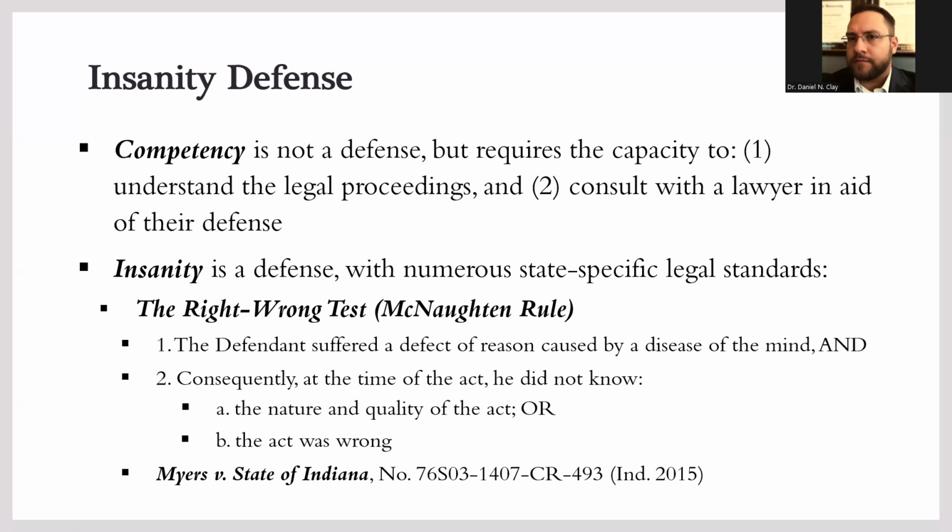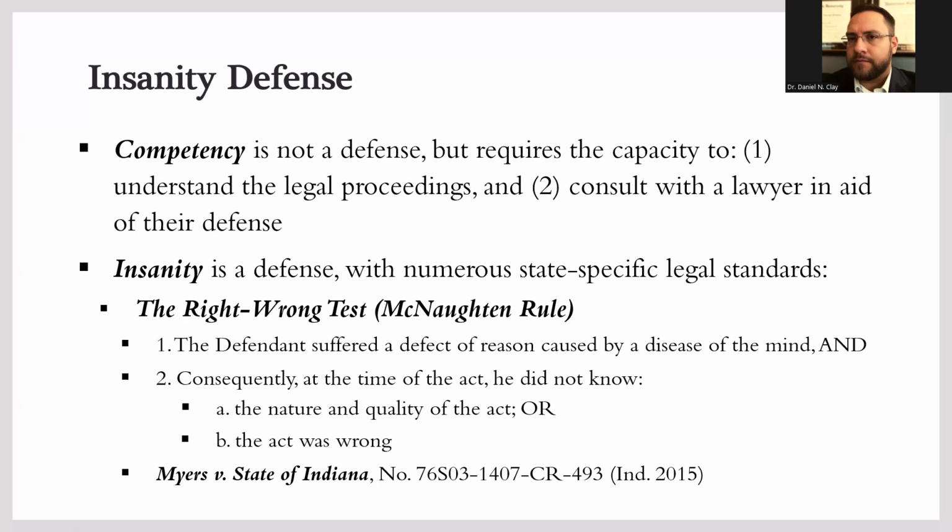The McNaughton rule basically said that if you were to try to prove that you were insane at the time the offense was committed, you had to show that you suffered a defective reason caused by a disease of the mind, right? So that you had some underlying psychological issue that impacted your ability to make reasonable, rational decisions. And at the time of the act, that you did not know the nature or quality of your act or that your act was wrong.